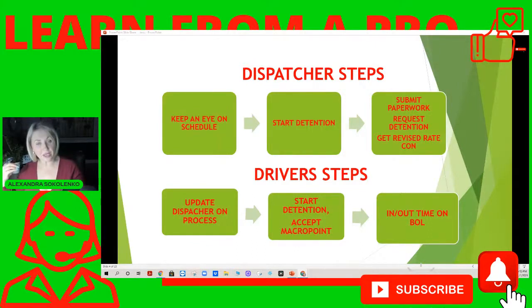As a dispatcher, you're going to take the full scan of the POD with in and out time written by your driver, or if it has a timestamp, you just have to look at what time he checked in, what time he checked out, right? And you need to send it to the broker.